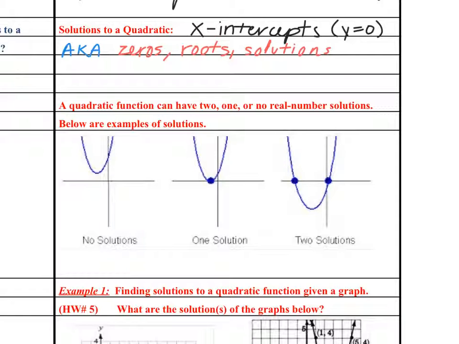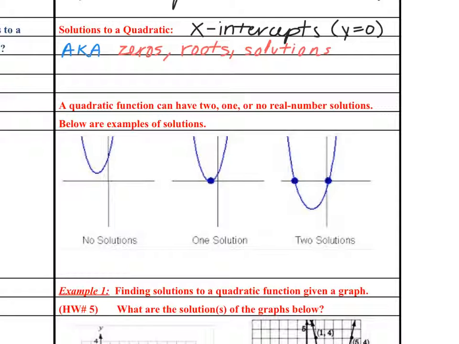Because there's no... What is there none of? Never touches the x-axis. It never touches the x-axis. Carson, why is this no solutions? It doesn't go through the x. Thank you. Okay. This one is one solution because the vertex is on the x-axis. It touches once. This one is 2 because it crosses twice.